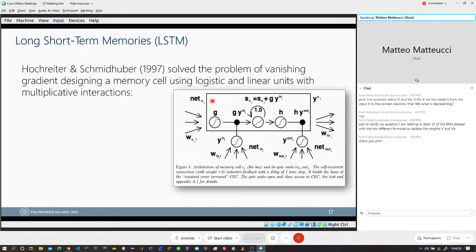Okay. Last time we have seen that a recurrent neural network has a problem which goes under the term of vanishing gradient, and this vanishing gradient issue can be partially solved by the use of rectified linear unit. Why can it be partially solved by rectified linear unit?